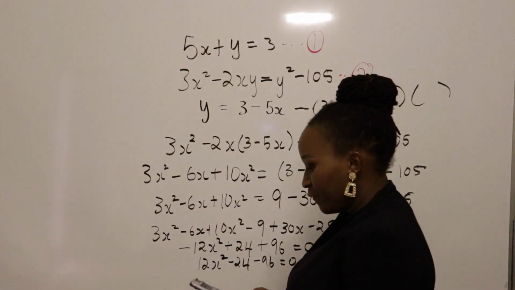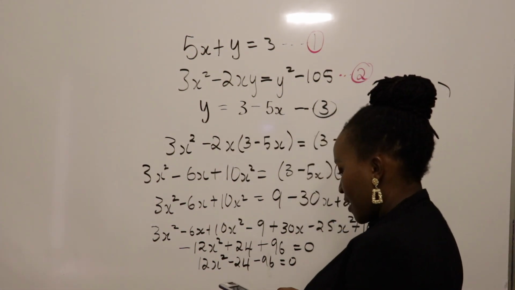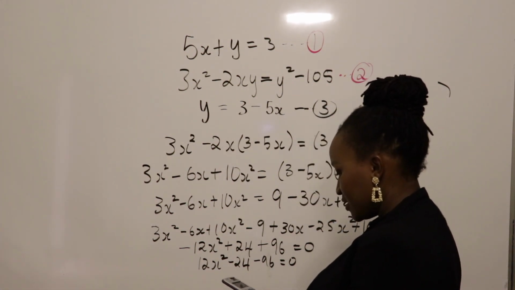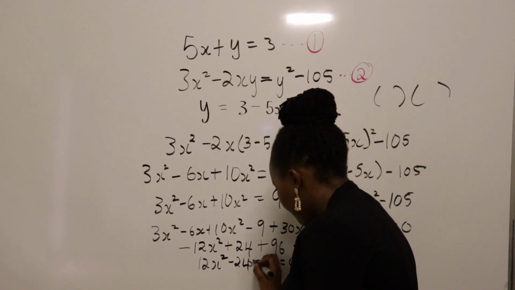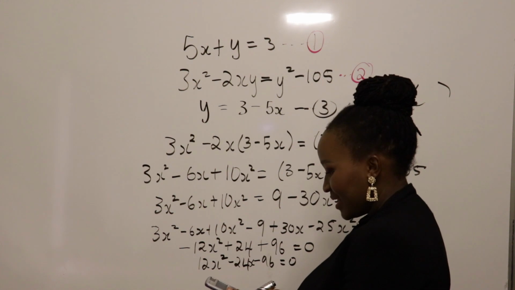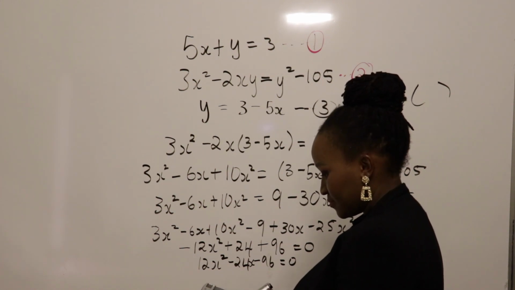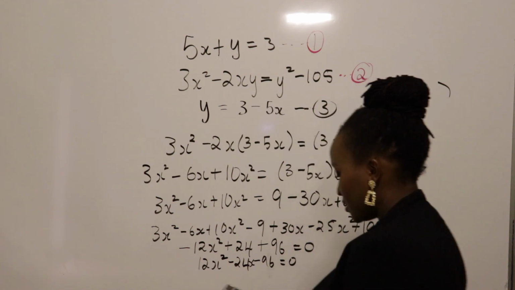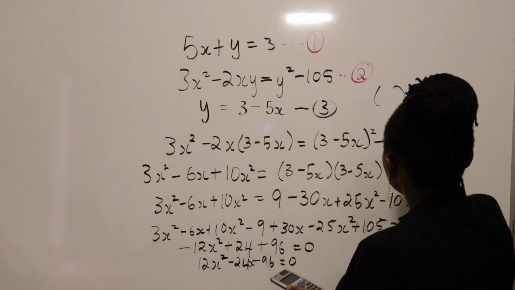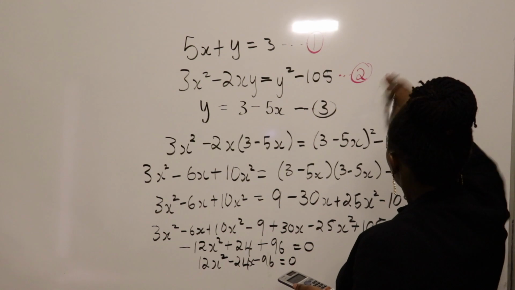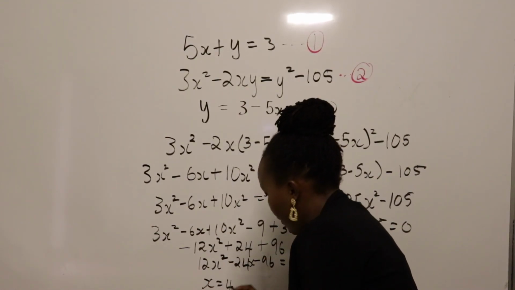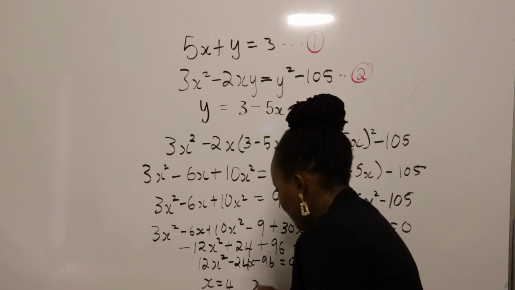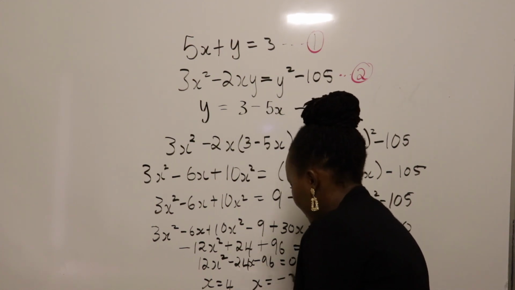We put 12, minus 24, minus 96. Alright, this will give us x. x will be equal to 4 and x will be equal to minus 2.